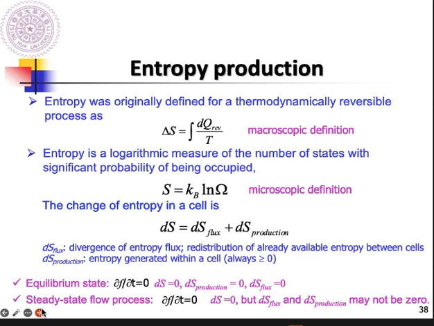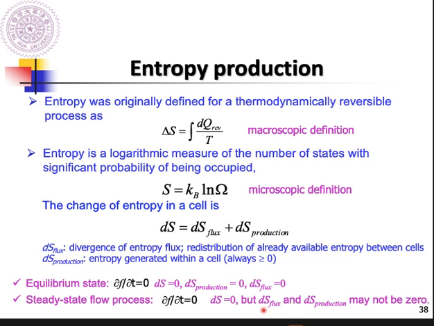However, if we are talking about a steady state flow process, the physical meaning, as we mentioned in the previous slide, is that the state function does not change with time, so partial f partial t equals 0. Based on this, the change of entropy equals 0. And how about the entropy production in this system?